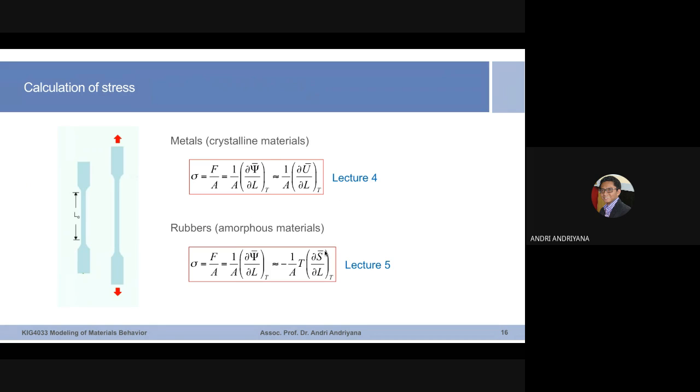Which means that now you can easily calculate the stress in the case of metals if we know the mathematical function of U. Once we know the mathematical function of U, you simply differentiate with respect to deformation, and you get stress. In the case of rubber materials, which are amorphous, you need to know the mathematical expression of entropy, and how it changes with deformation, and then this will give you stress.